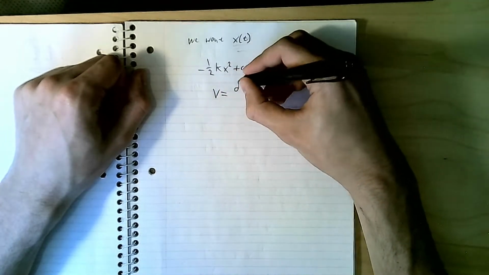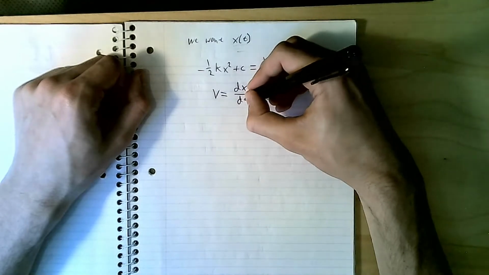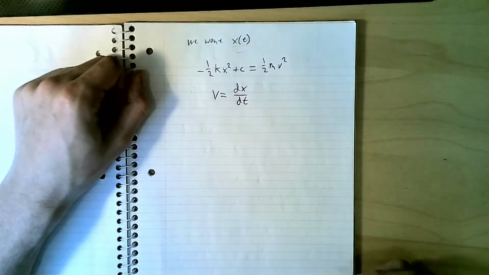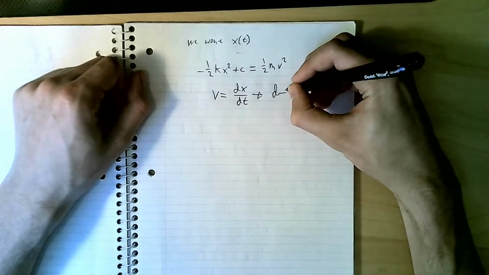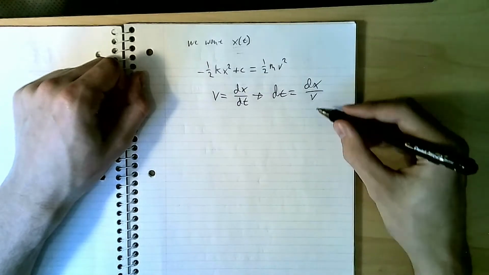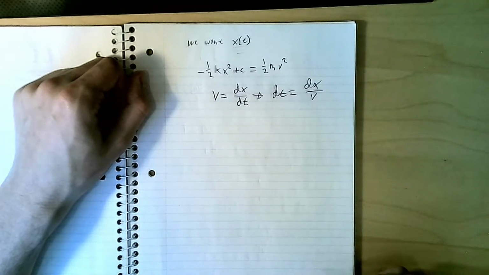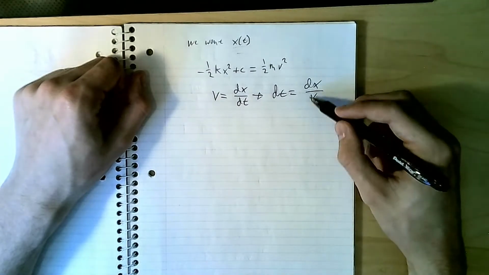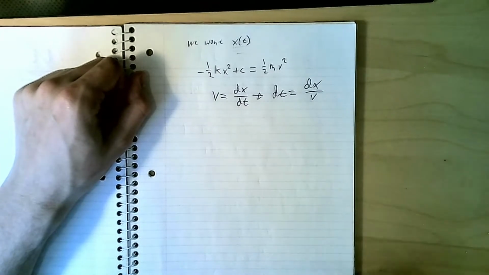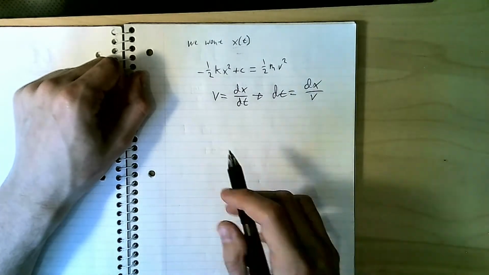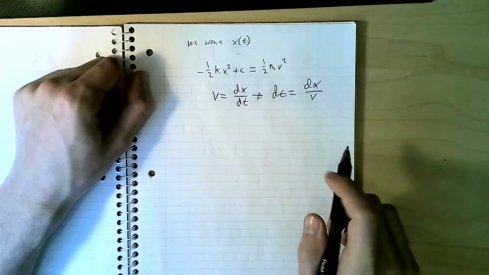We know that v is the derivative of position with respect to time, which means that dt equals dx over v, for v being a function of x. At least if v is a function of x, then you can integrate this directly with respect to x. That's the point. And it happens to be here because of the way that we started our problem by eliminating time.